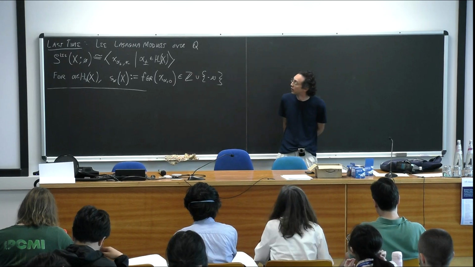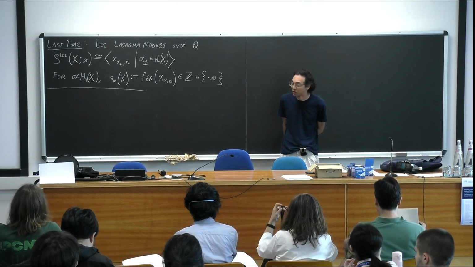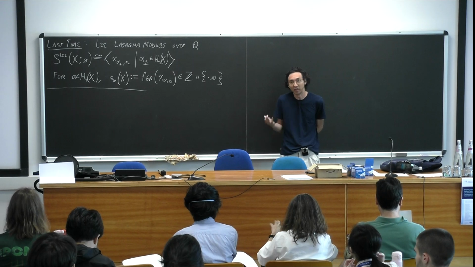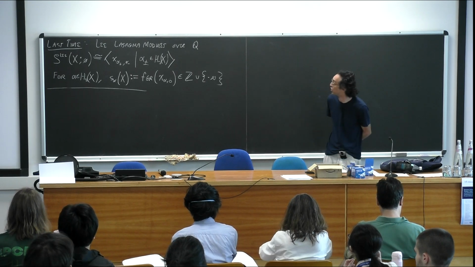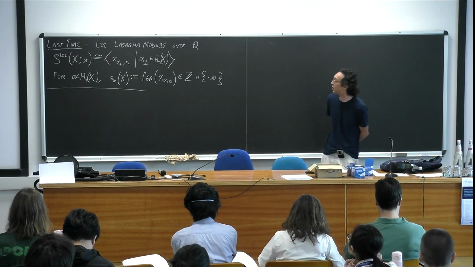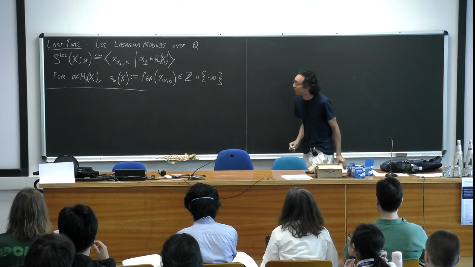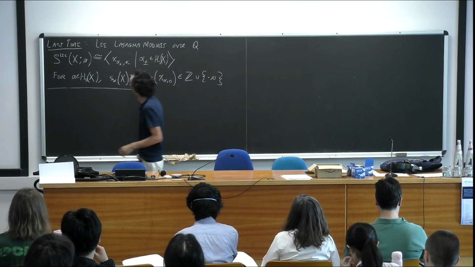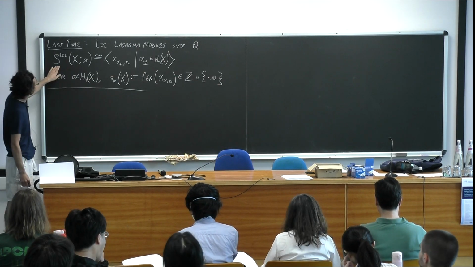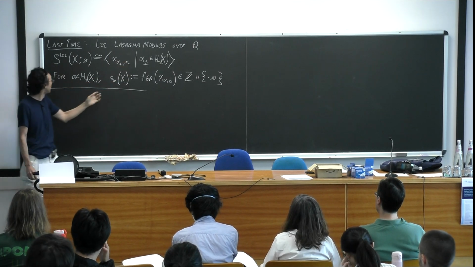Last time we introduced a couple statements about the Lie Skein lasagna module. Again, once we're working with the Lie theory, I just want everything to be over Q. In that case, the lasagna module is generated by pairs of second homology classes.